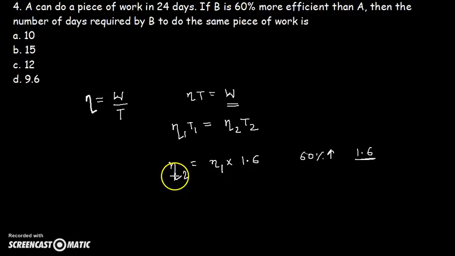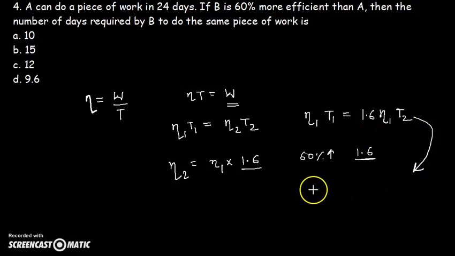So you know efficiency of B is nothing but efficiency of A multiplied by 1.6. You can put it here back, efficiency of A and time taken by A as this. Efficiency of B is 1.6 times efficiency of A, and T2 is the time taken by B, and you can see T1 by 1.6 is T2.